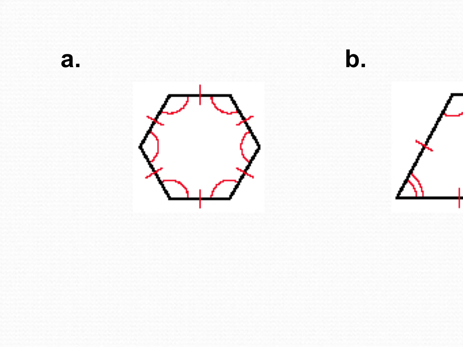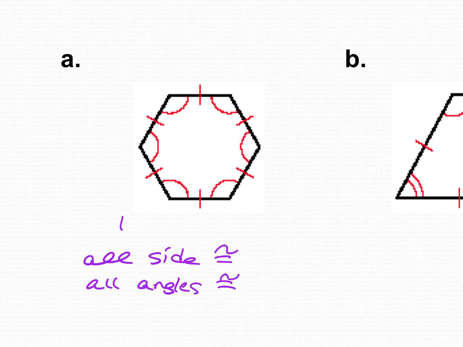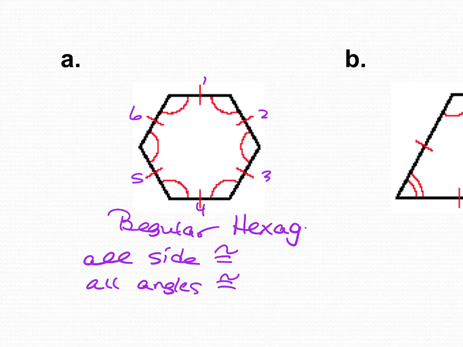So this tells me it's going to be regular because all sides are congruent and all angles are congruent. So it's regular. And now I have to count the sides to figure out the name for it. So 1, 2, 3, 4, 5, 6 sides, telling me that this is a regular hexagon.